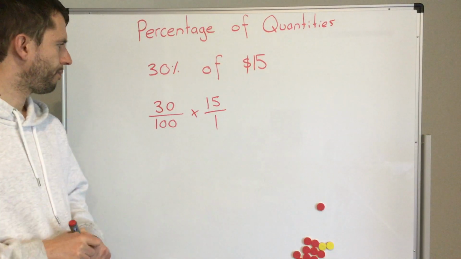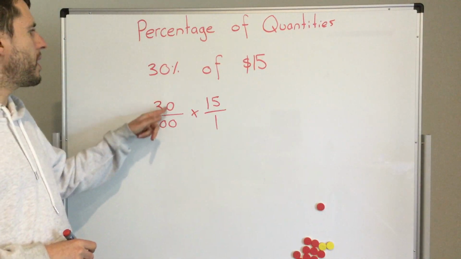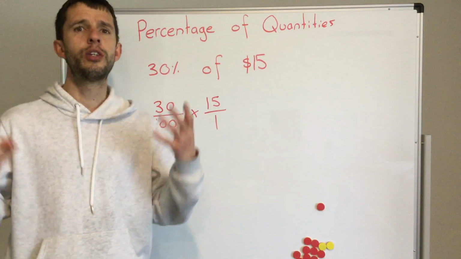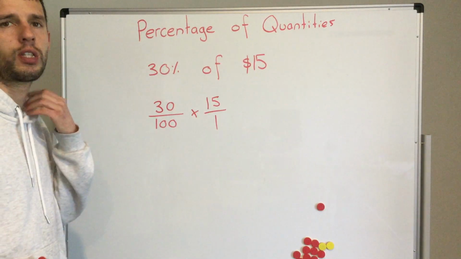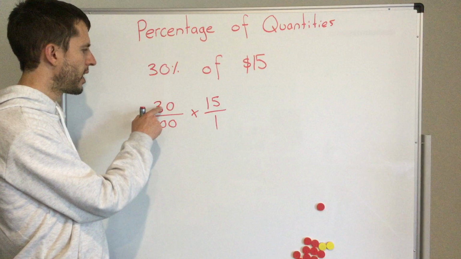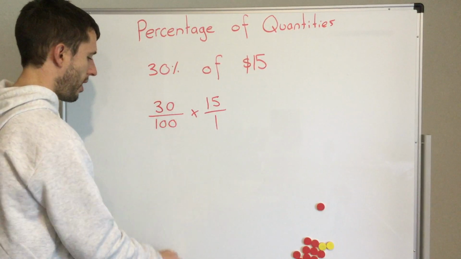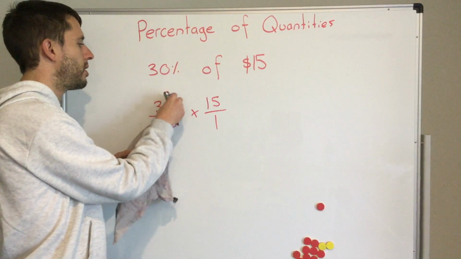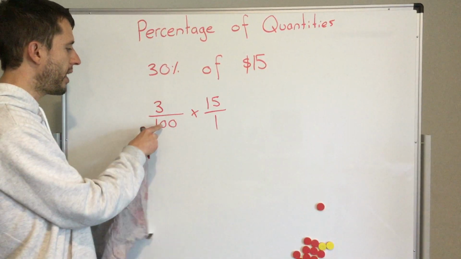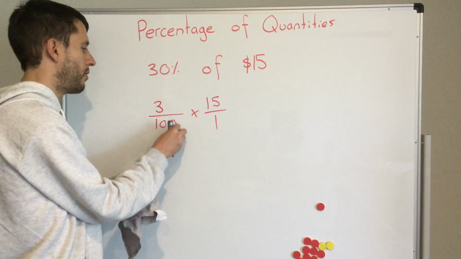The next step, I've got a big fraction here. I would like to simplify it as best as possible. So, how many 10s in 30? 3. So that means I can just take the 0 off. How many 10s in 10? 1. I'll take the 0 off.